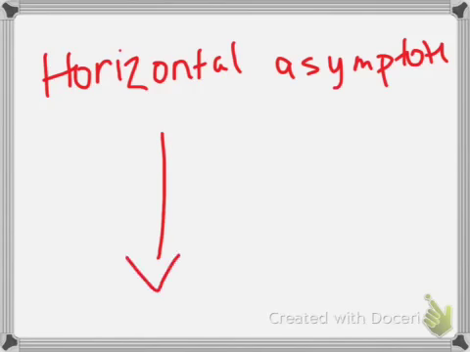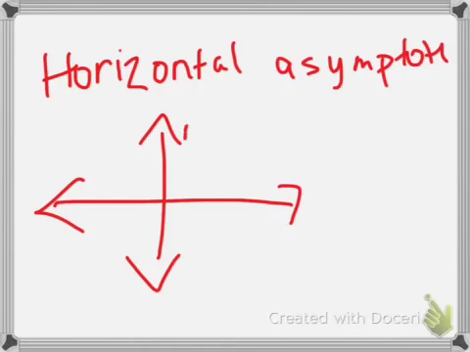So for example, the one we were just looking at, it went like this and like this. So basically, there is a horizontal asymptote right here.